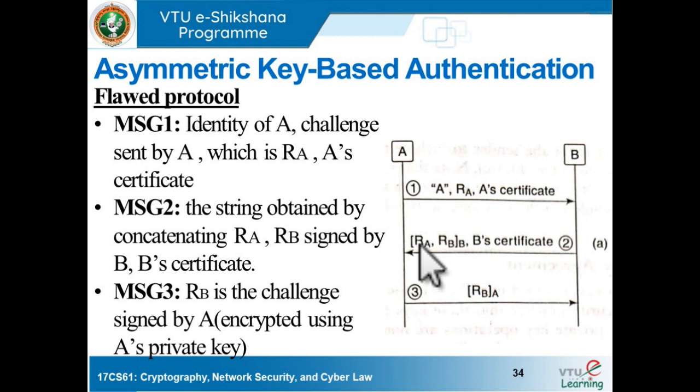It is signing it with B, and then along with that it is also sending B's certificate. Now the third message, after A receives, it has to respond back. And how is it responding back to B? Now A is sending the nonce that is received from B by signing it.